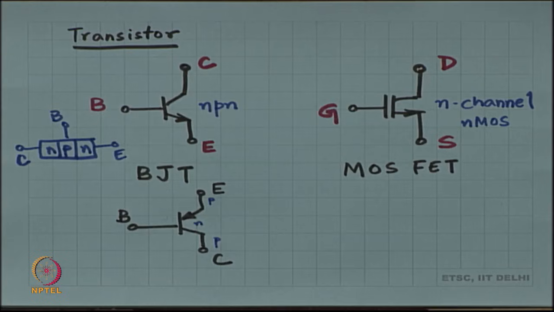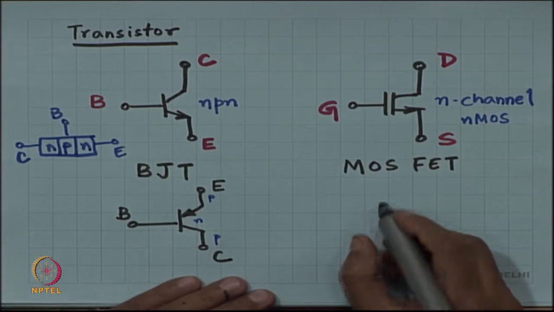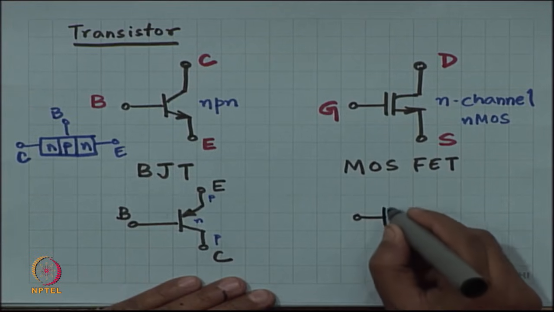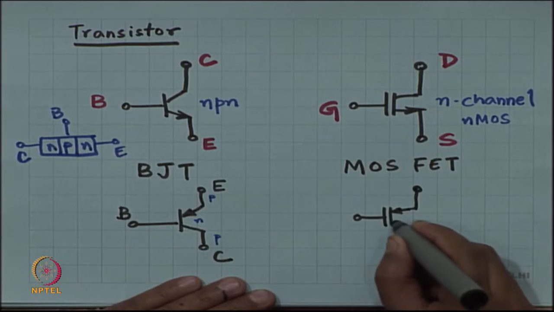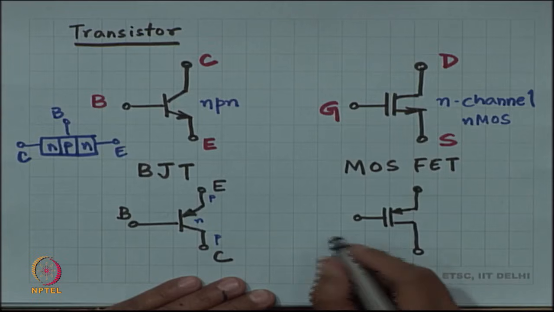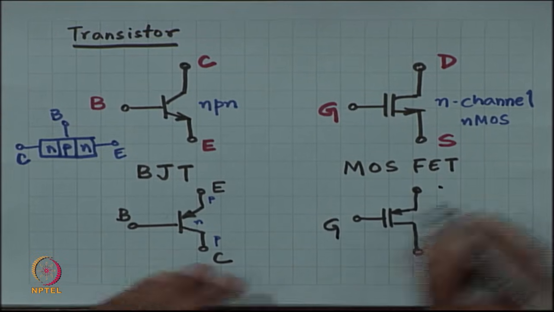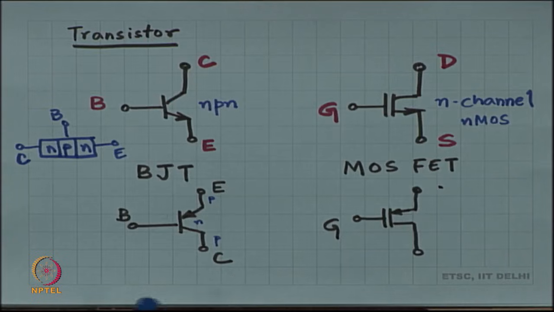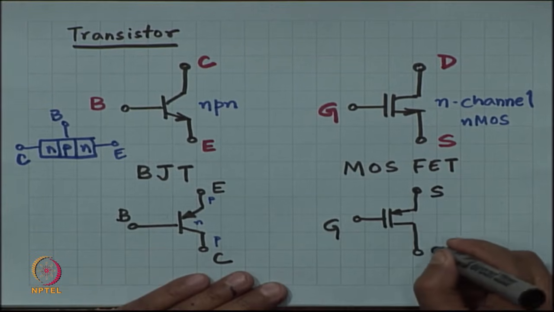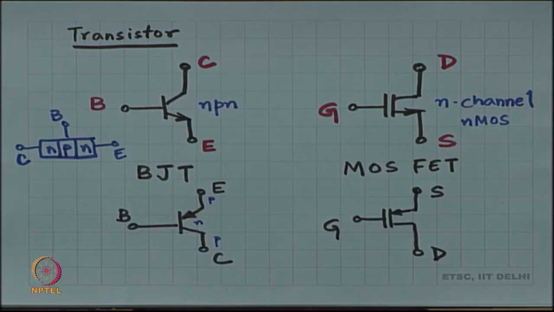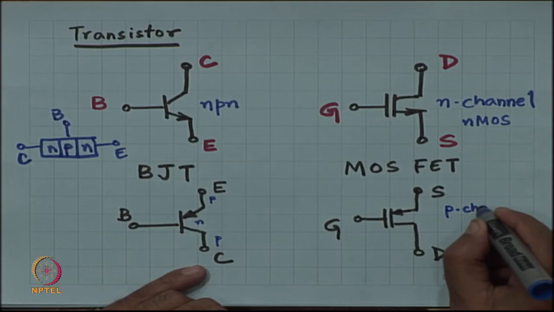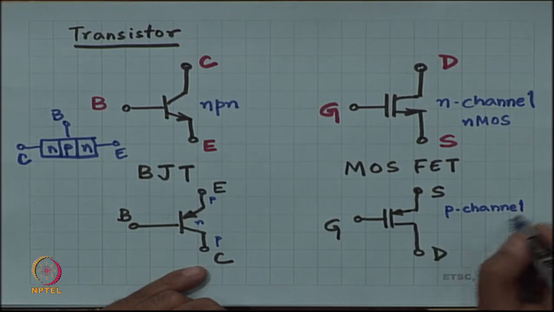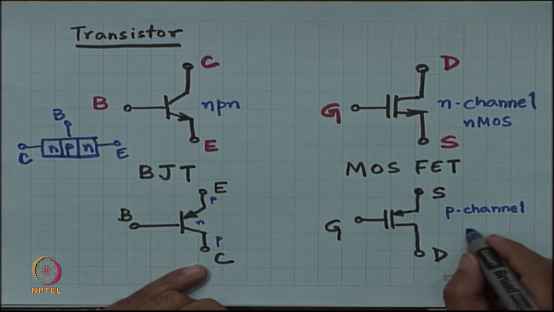So, this is called a PNP BJT, and similarly there is another flavor of the MOSFET which is called the P channel MOSFET. And a lot of people call it the PMOS transistor.